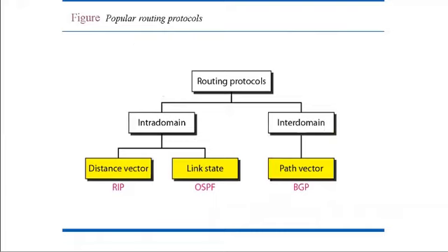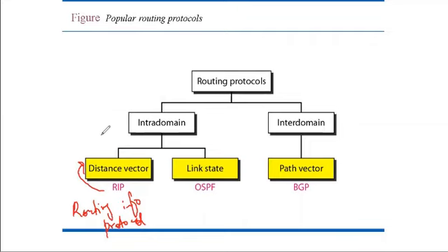The popular routing protocols that we will be discussing in our lecture are, first, among intra-domain, the distance vector and the link state. And in inter-domain, we have the path vector, which is BGP. RIP, the Routing Information Protocol, is an implementation of the distance vector algorithm or distance vector protocol.